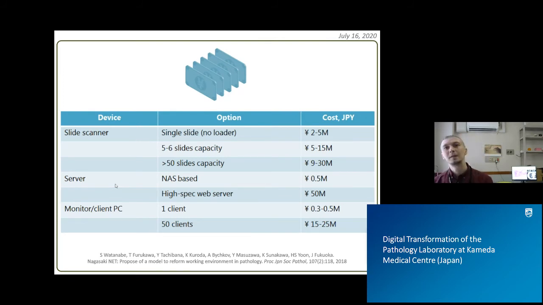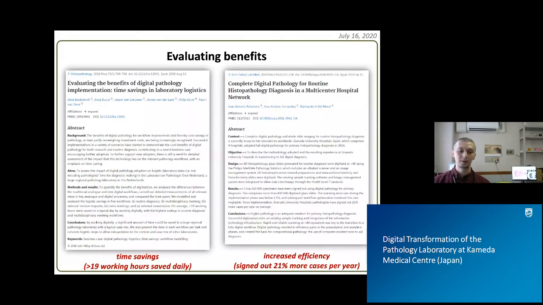It's also relevant to money: how we can measure the benefits of digital pathology, and how we convert those benefits to money. There are actually very few publications on this topic, and I can show you a couple of them. For example, this is about metrics of evaluating benefits.